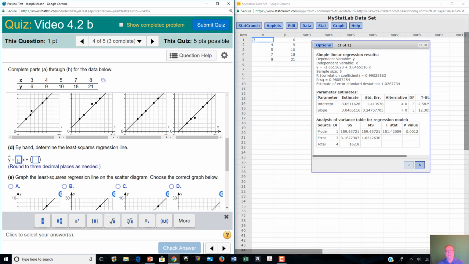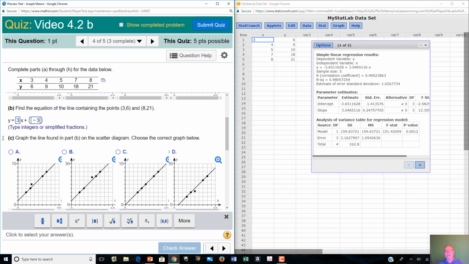So our slope for this line to 3 decimal places would have been 3.047, and the y-intercept would have been negative 3.651.